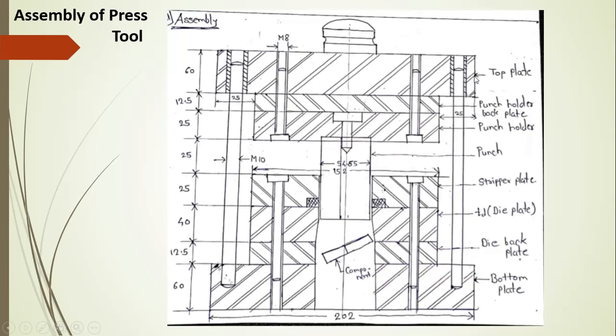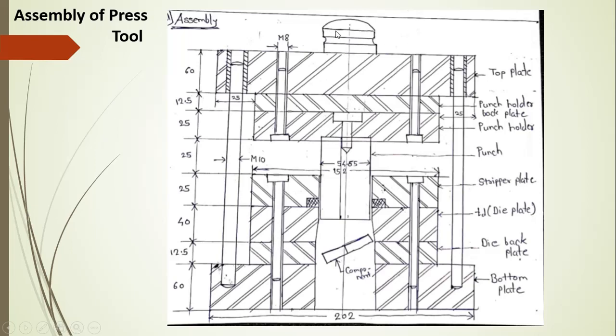That means number one is the top plate, then the punch holder back plate, the punch holder, then the punch, the stripper plate, then the die plate, then the die back plate, and your bottom plate. There are two guide posts, and along with them the bushing will be available for the guide post.